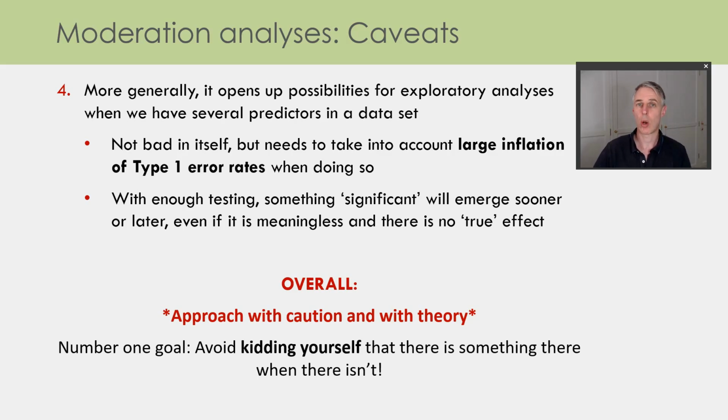Good reason for why your model is a preferable one and a sensible one and meaningful one to test. And ultimately, the number one goal here is not just to avoid communicating to other people something that's potentially misleading or untrue, but also fundamentally to avoid kidding yourself that there is something there when there isn't.